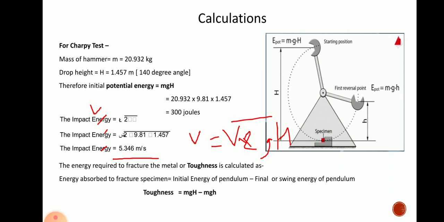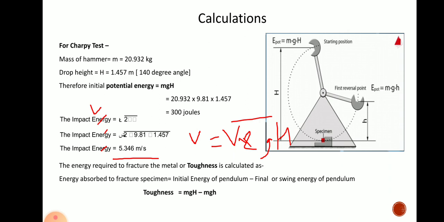The initial potential energy is mgH, minus the final potential energy, mgh. The difference between these energies gives the energy absorbed by the material before fracture, which is the toughness. So you can get that toughness from this Charpy test.